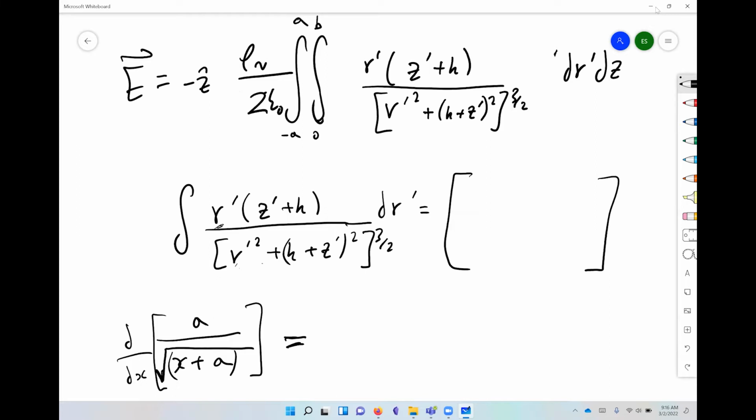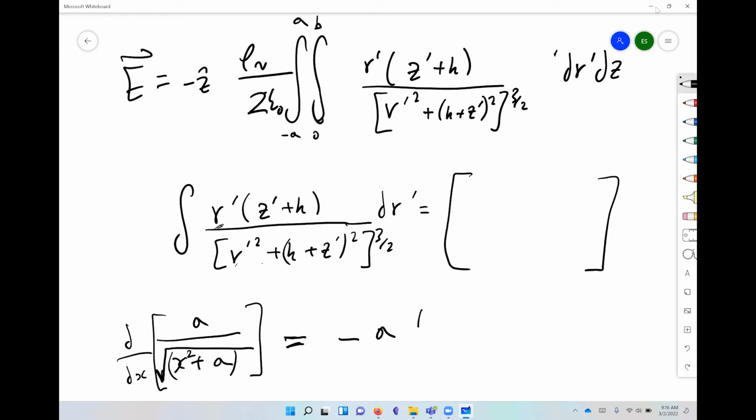This is easy to do because it's a quotient, so you can use the quotient rule. The denominator, x squared plus a, times the differentiation of the numerator, a, is 0, minus a times the differentiation of the square root.